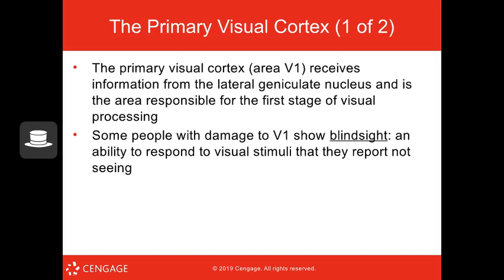So somebody throws a ball at you, and then you duck out of the way, right? You might not be able to say that you saw the ball, but your brain perceived it. So that's what would happen if you experience damage in the primary visual cortex.